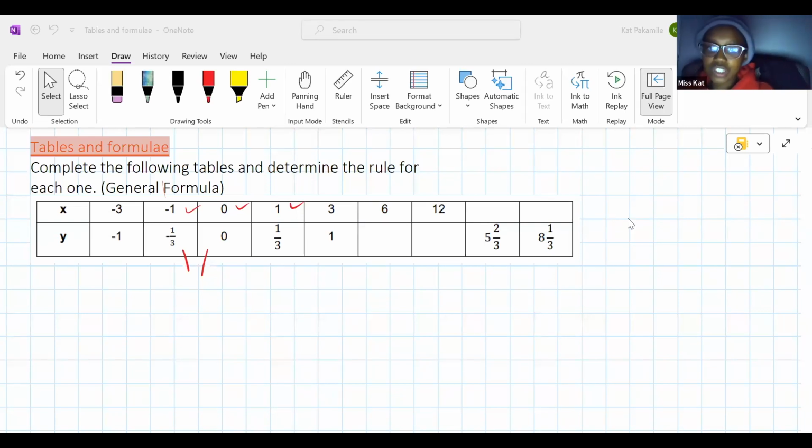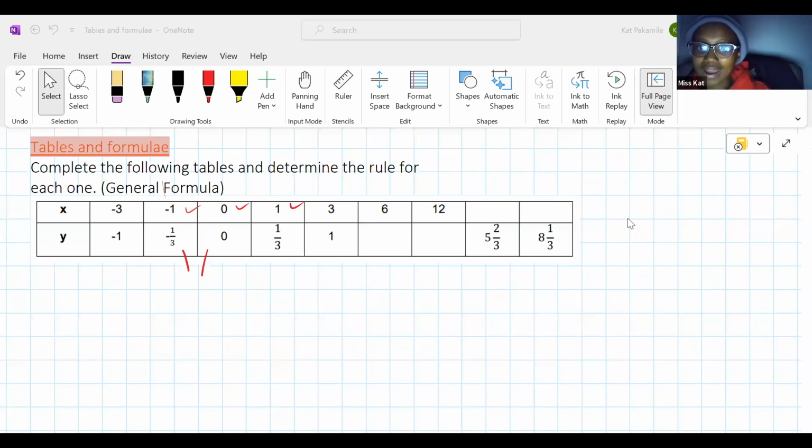So I'm about to suggest we add 2/3. Okay, let's see. How much am I adding or subtracting to get from -1/3 to 0?